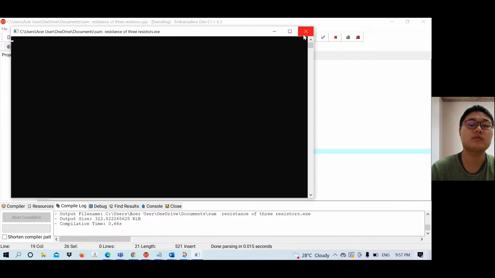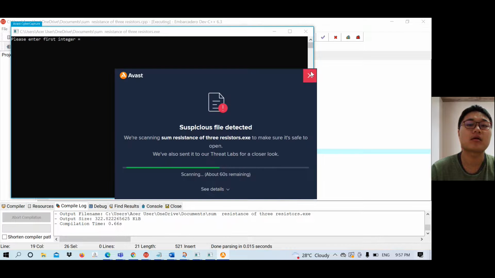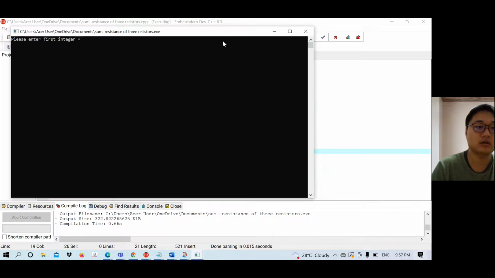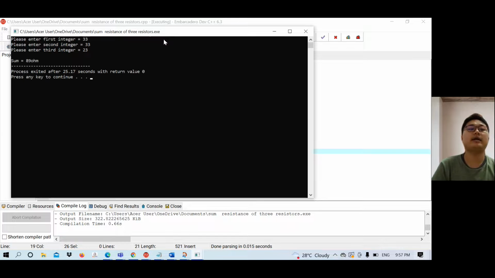I compile and run to make it more appropriate. Second integer 33, 23. So I get 89 ohm. This ohm is the unit for resistance.